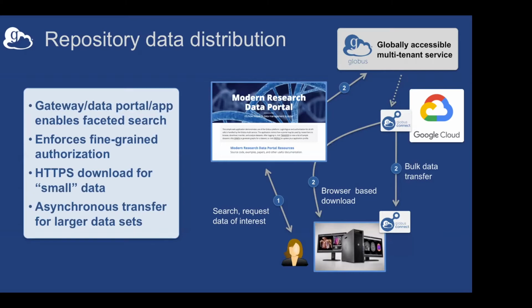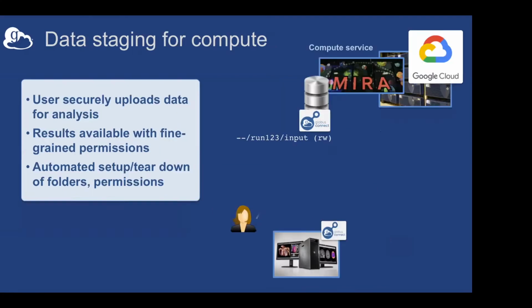You can do that using the same mechanisms, and you can also allow things like access via HTTPS. So you don't have to necessarily use the Globus third-party transfer mechanism that is at the core of the service. You can just point and click in the browser and pull data down.